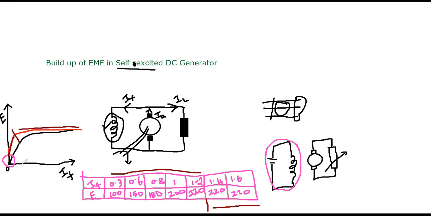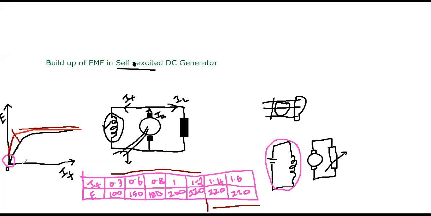When the prime mover rotates, the armature conductor cuts the magnetic field and develops an armature current. This armature current is then divided and passed to the field winding as well as the load.